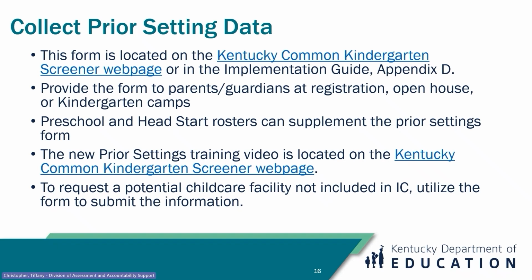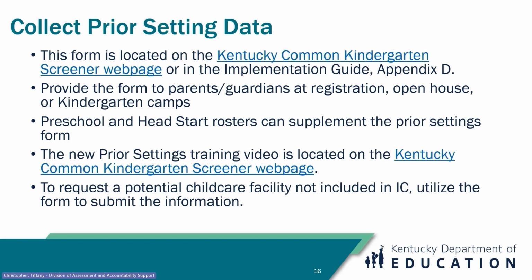A letter and form located in the K-Screen website or in the implementation guide asks parents or guardians to let us know what setting the child was enrolled in the year before kindergarten. That may be home, private sitter, daycare, preschool, Head Start, or kindergarten. If you're not receiving parent input, pull rosters from preschool and Head Start to use in conjunction with the parent form. This information can be collected at any time.